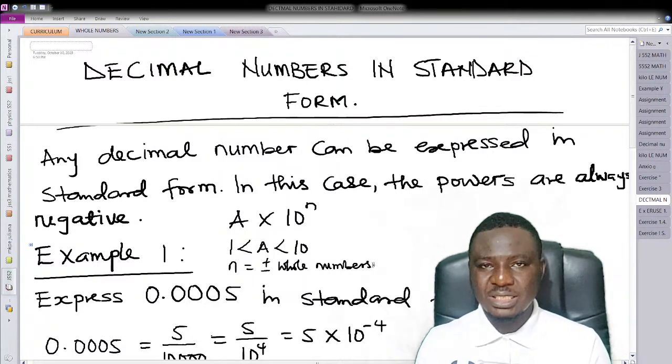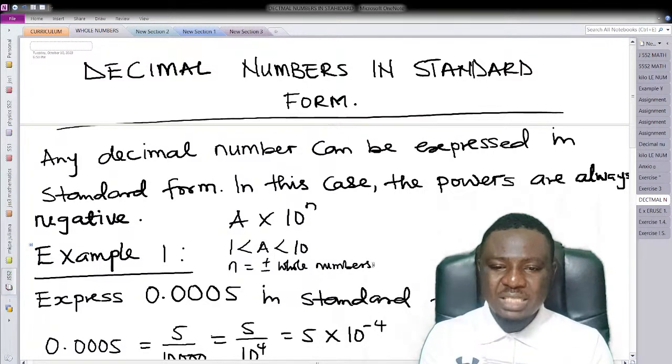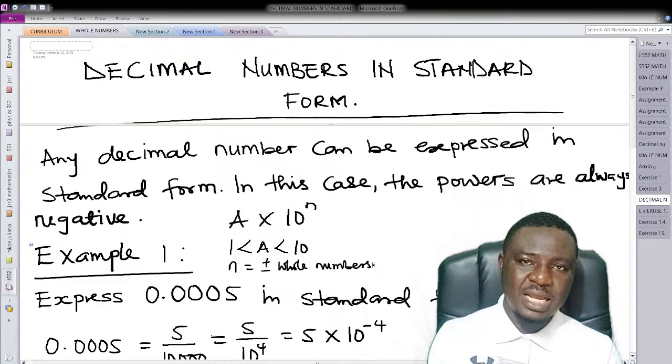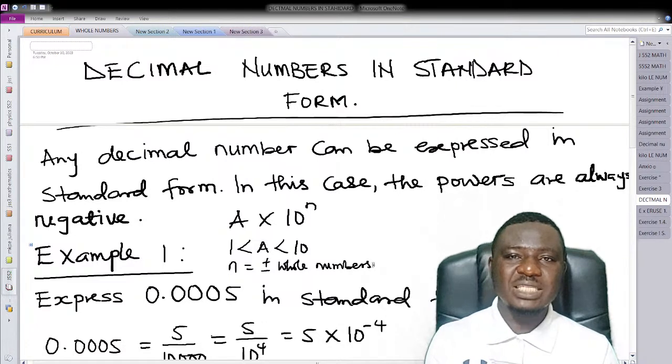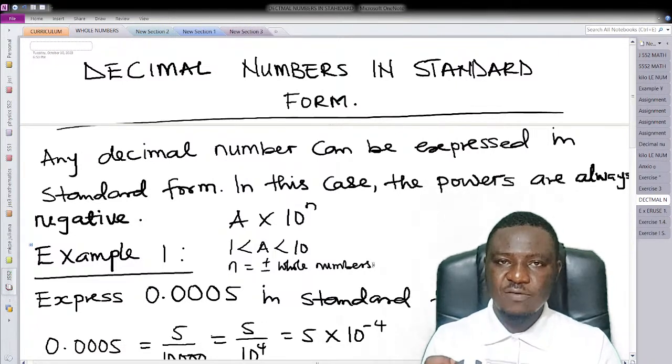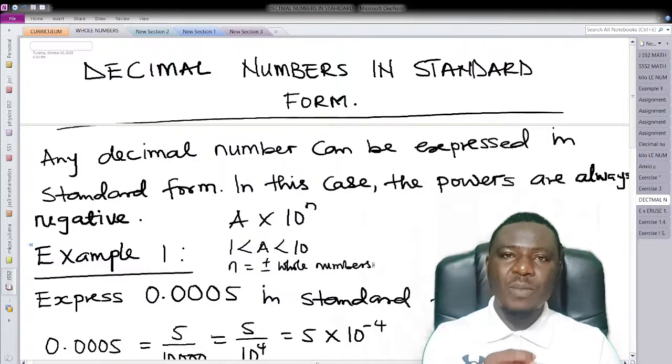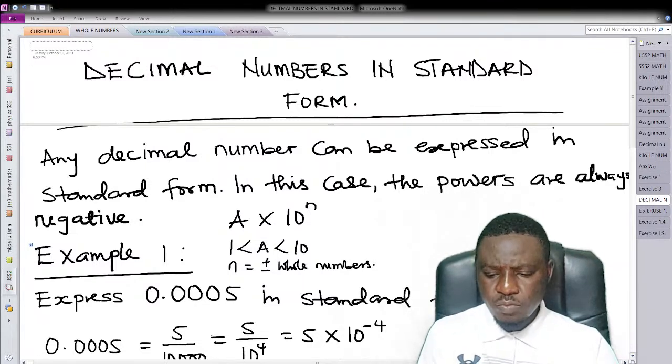In decimal numbers, the decimal point will now be moved towards the right, and when it is moved towards the right, the power is said to be negative. Also, when we express such decimal numbers as fractions, you will discover that the index part will be at the denominator, and that makes it become negative when you express it in standard form.